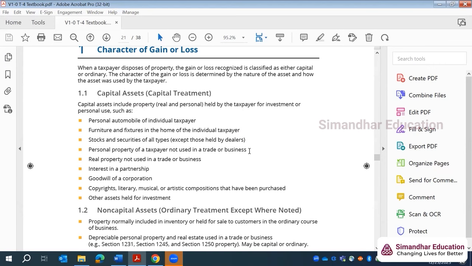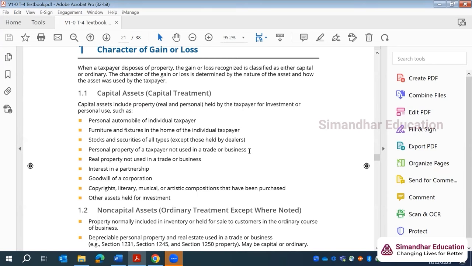Capital gains usually have preferential rates. What do we understand by preferential rates? Preferential rates means that you are taxed at a lower rate on this nature of income. So capital gains are taxed at a lower rate. Another important thing when we want to understand the nature of the gain is the offsetting of gains or losses. Not all capital losses can be offset against your ordinary income.